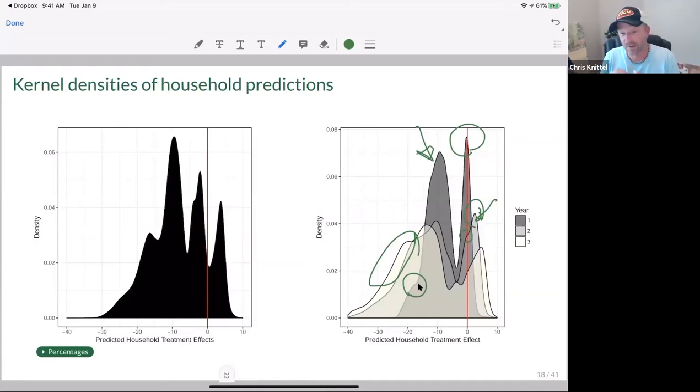And again, I often stress this because I grew up in an IO world where we estimate random coefficients. This isn't a random coefficient in that sense, in the sense that I have an average beta and then I have a distribution around that beta. What's different here is I know exactly who these households are, right?